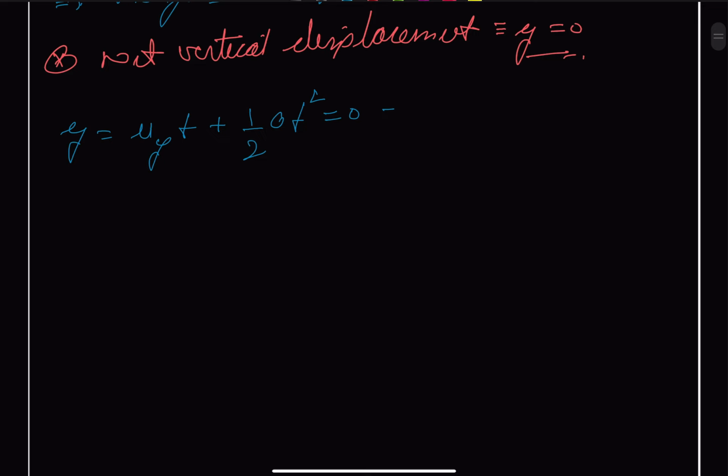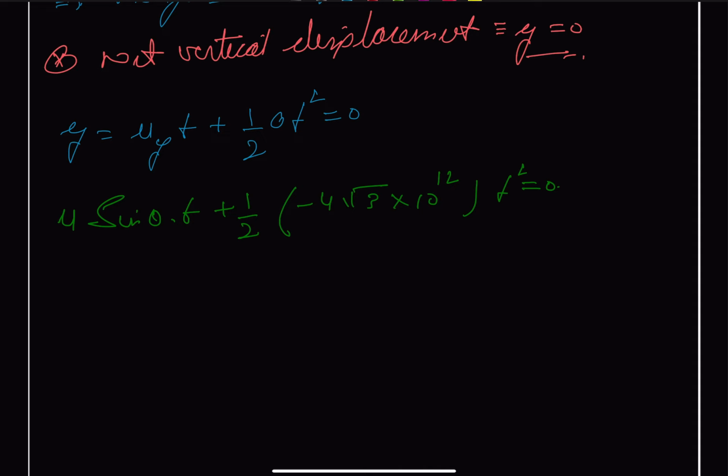So we get this as our u sine of theta multiplied by t plus half acceleration, which we found out is minus 4 square root of 3 into 10 raised to power 12, t square, is equal to 0.